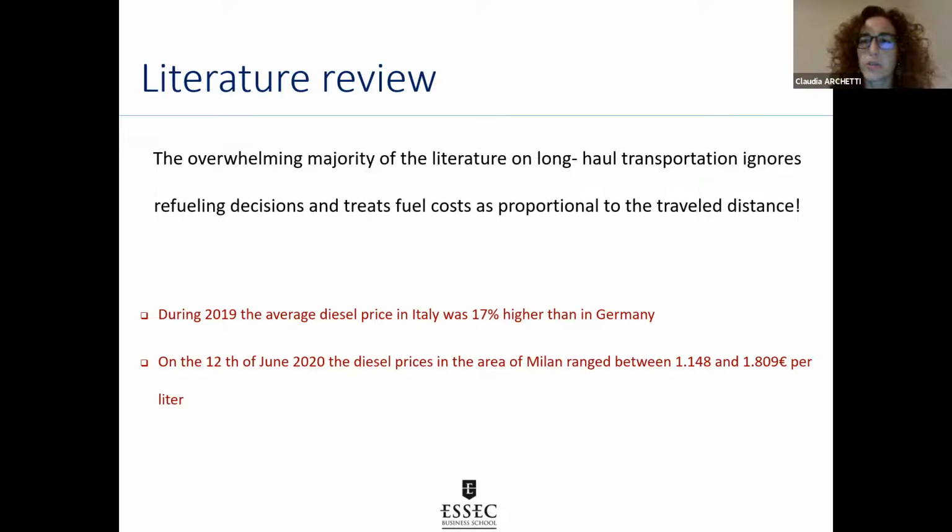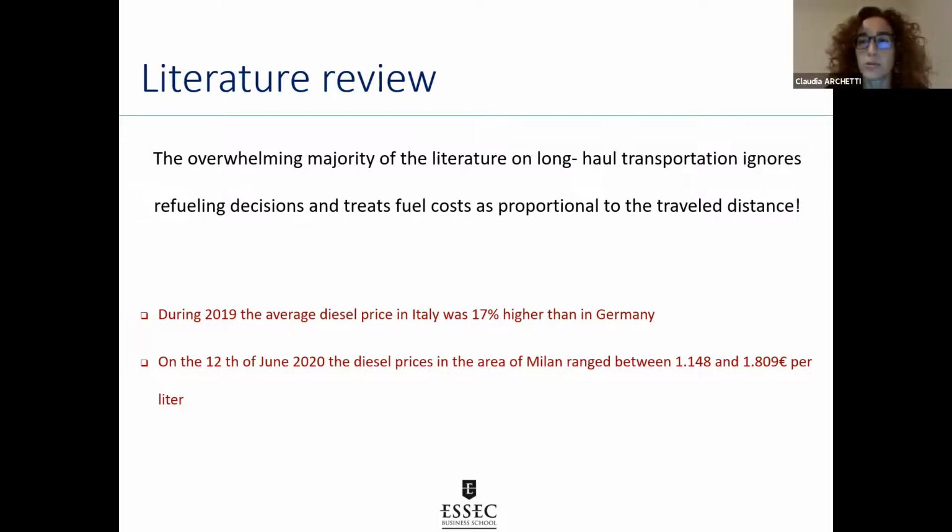You just refuel before starting, and you might decide where to refuel, but this is not a decision that you have to take into account when optimizing the route. You don't have to refuel when you are traveling your route. So in this case, it is reasonable to assume that the fuel cost is proportional to the distance, but not in long-haul transportation.